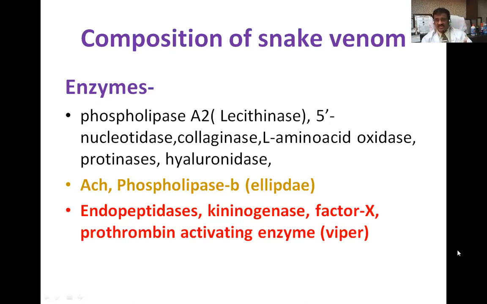various enzymes which are toxic, like phospholipidase, lecithinase, nucleotidase, collagenase, amino acid oxidase, proteinases, hyaluronidase, endopeptidases, kininogenase, prothrombin activating enzyme which is present in the viper.